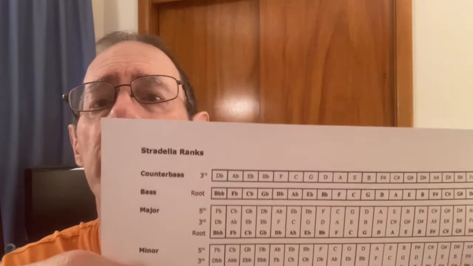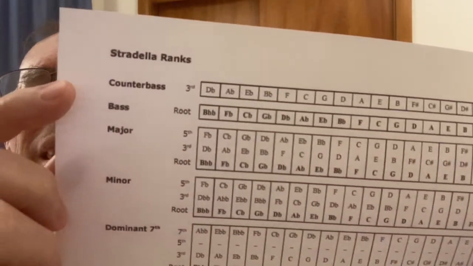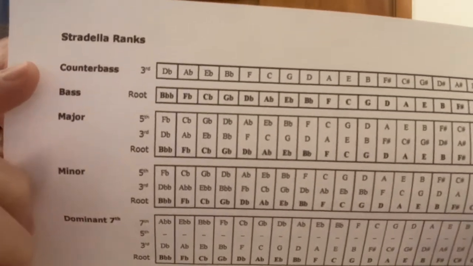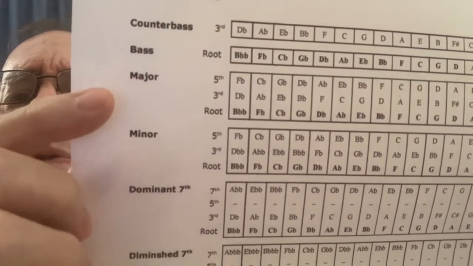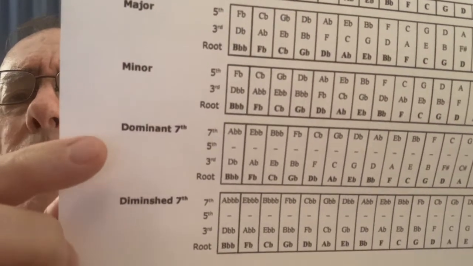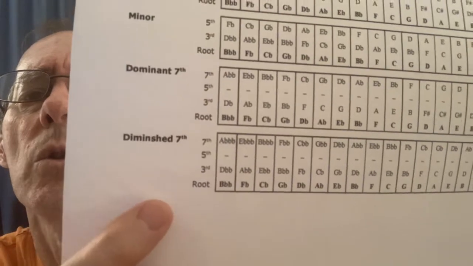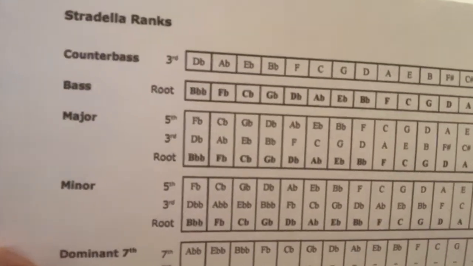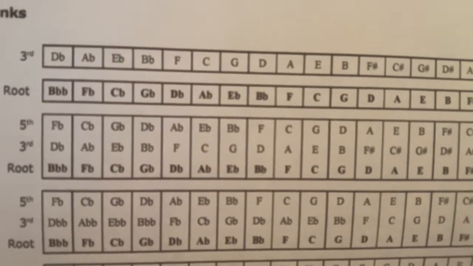So, on my chart, which I posted on my community tab, I call it Stradella Ranks. I have my counter bass buttons, the major chord buttons, minor chord buttons, dominant 7th chord buttons, and the diminished 7th chord buttons. Now that's hard to see, but it's clearly marked.